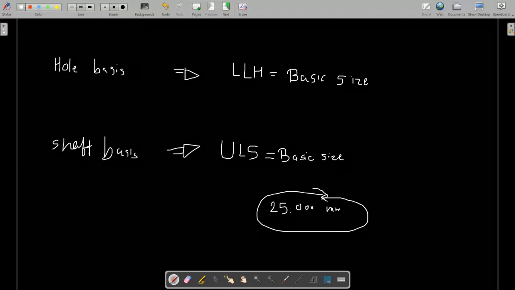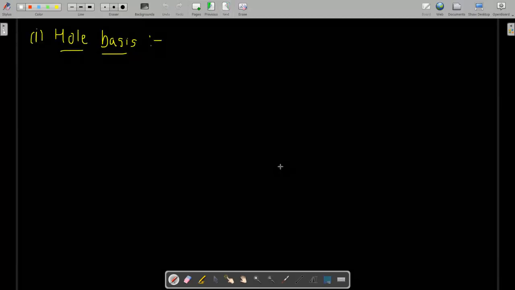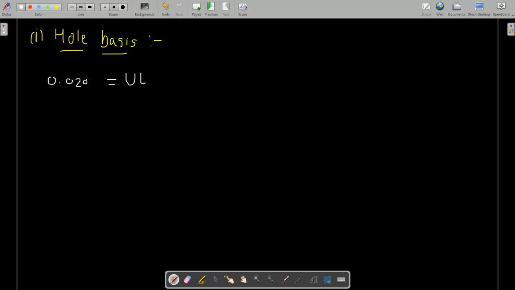Okay, so the maximum clearance is 0.02, so we can write 0.020 mm. Maximum clearance is the upper limit of the hole minus the lower limit of the shaft.